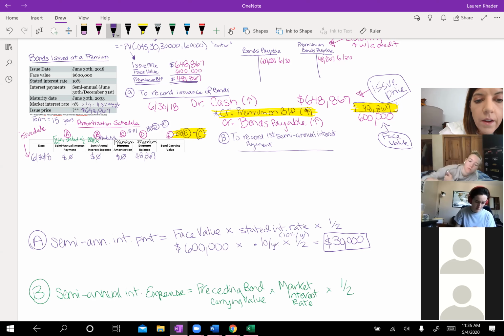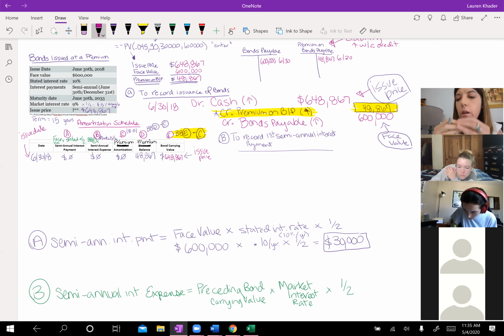And the bond carrying value equals the issue price. That's our initial bond carrying value, 648,867. The highest the bond carrying value will ever be.